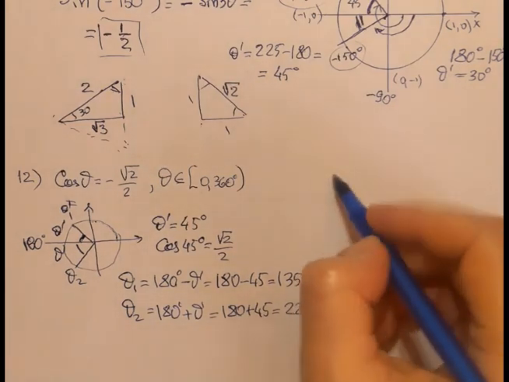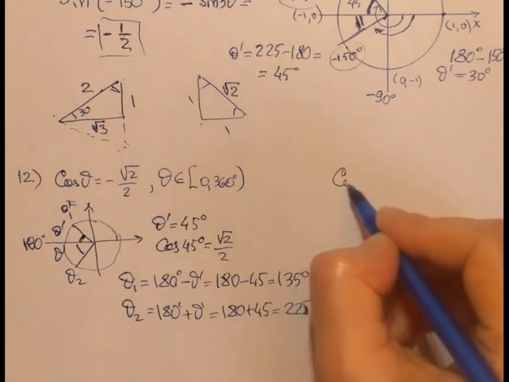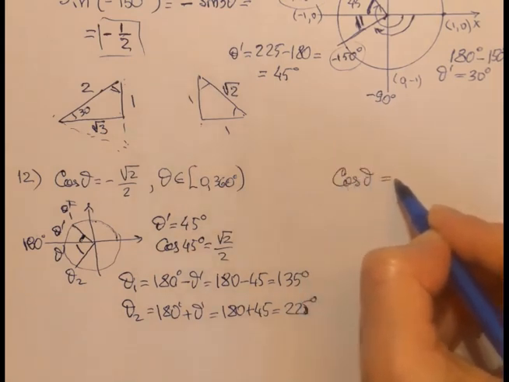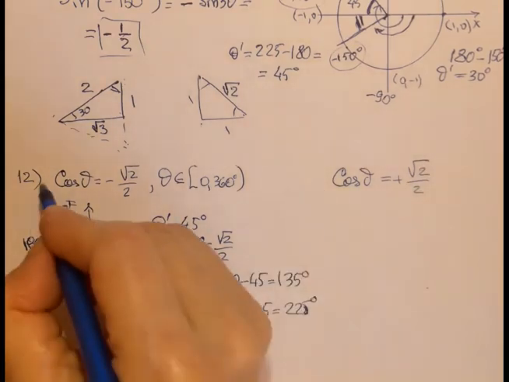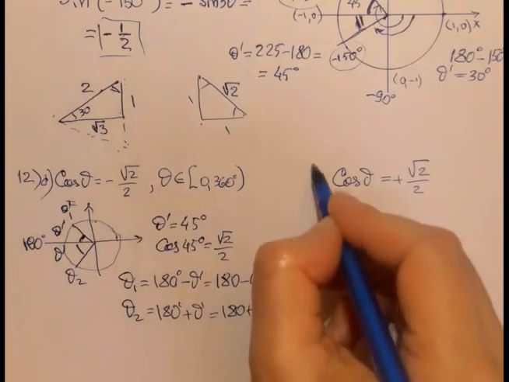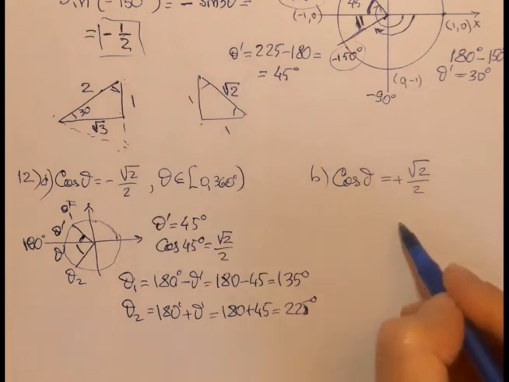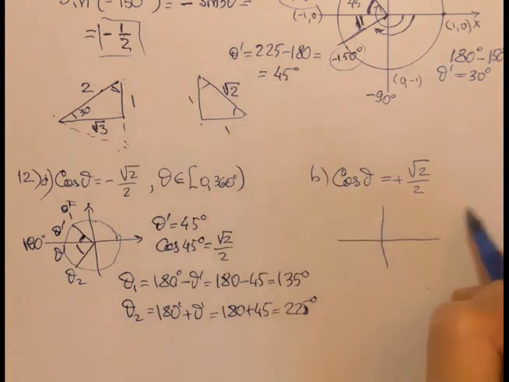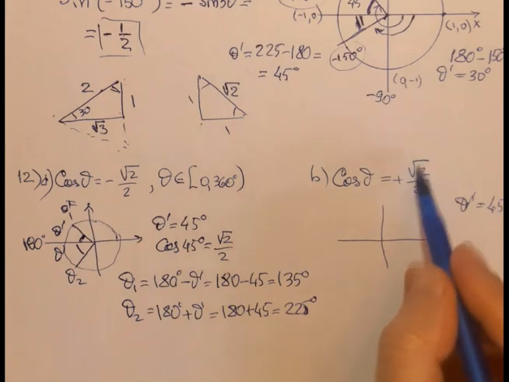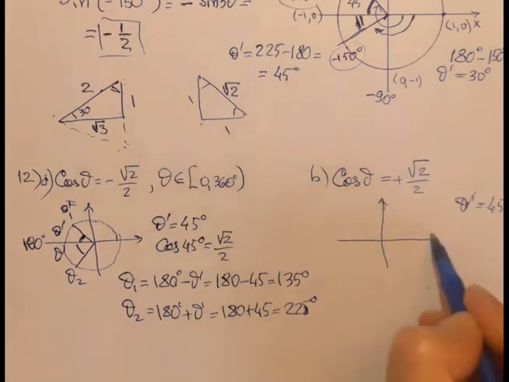Let us also find the solution of the following equation. Cosine of theta equals positive square root of 2 over 2. The reference angle is the same. Reference angle is 45 degrees, since the absolute value is the same, square root of 2 over 2.